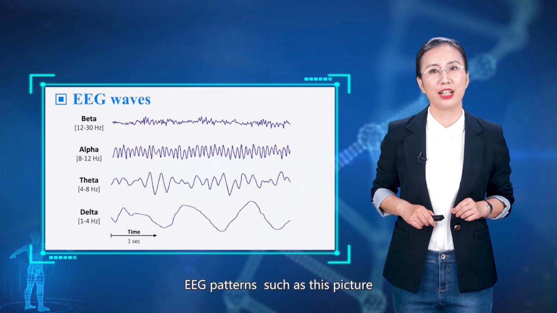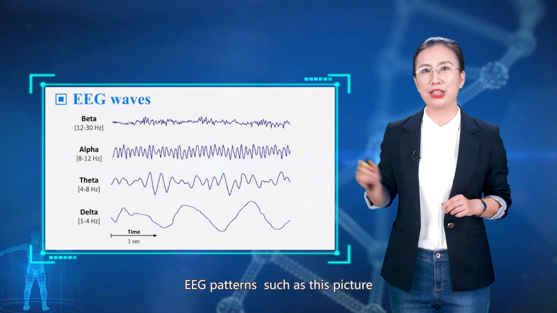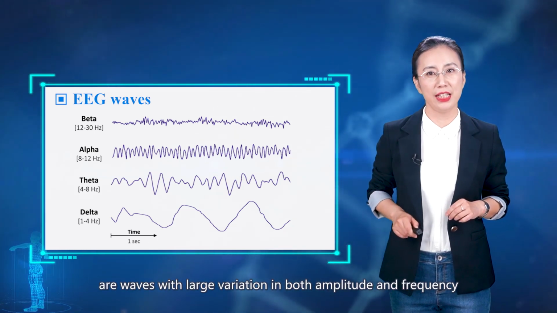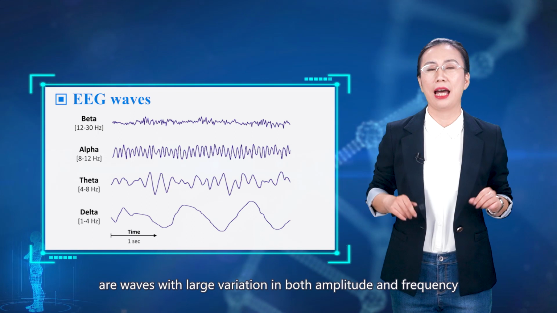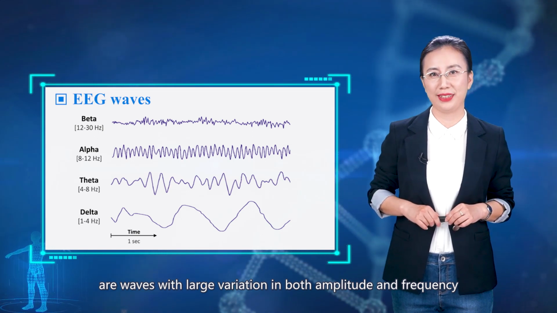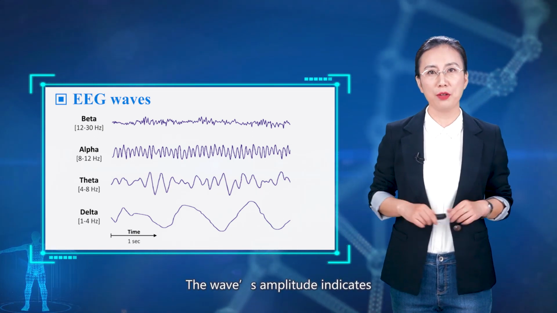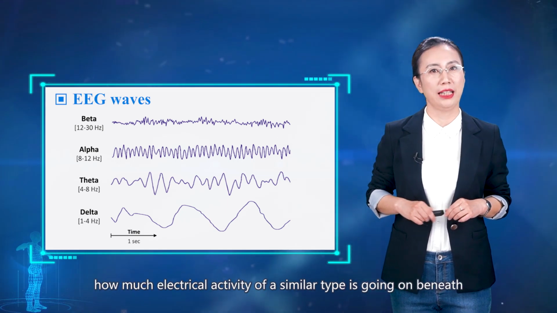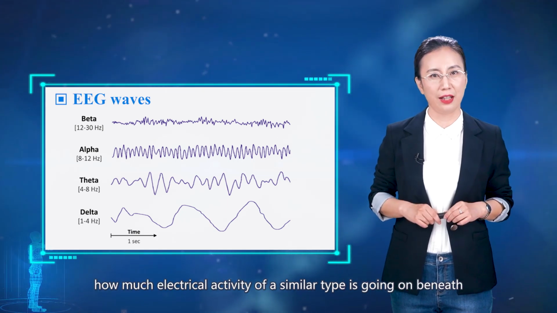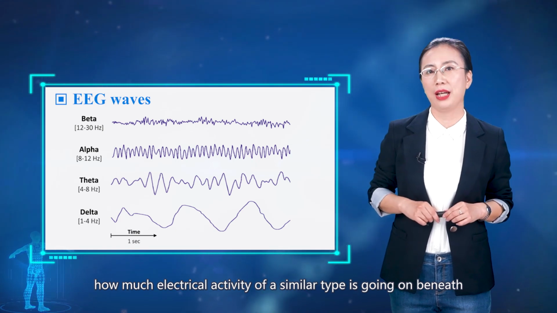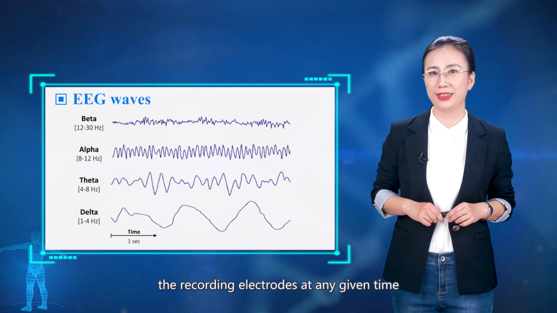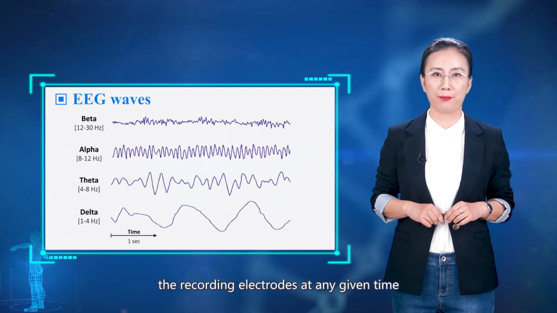EEG patterns, such as this picture, are waves with large variation in both amplitude and frequency. The wave's amplitude indicates how much electrical activity of a similar type is going on beneath the recording electrodes at any given time.